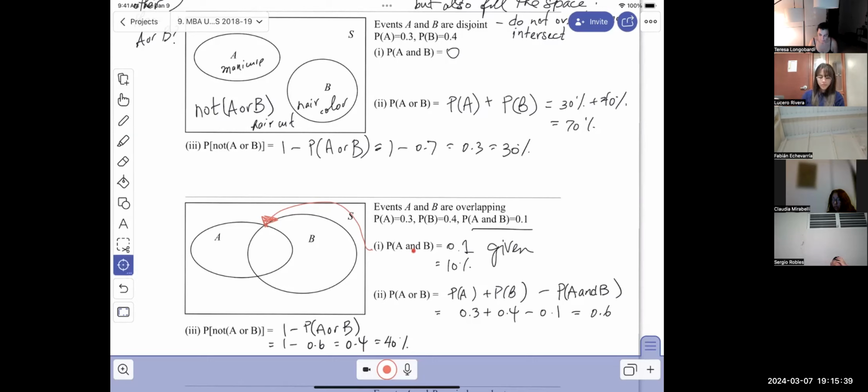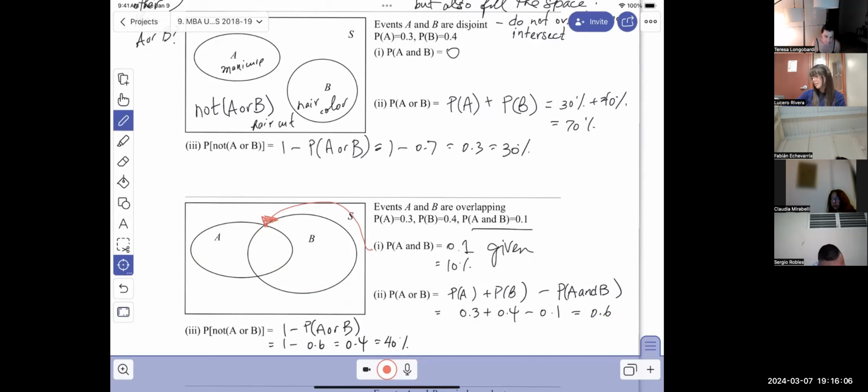So for a person who gets both manicure and hair color, if you want to know the chance of a person getting manicure or hair color or both, it's 60%. And someone who's just getting a haircut, or not a manicure or a hair color, is 40%.